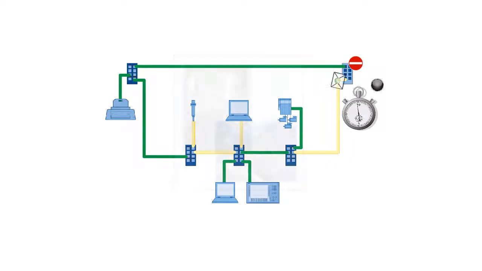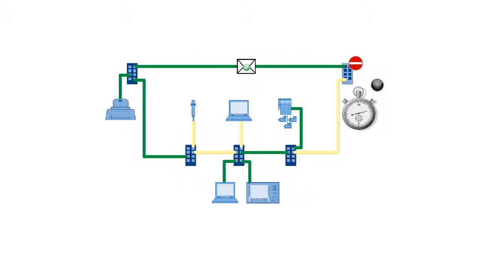Possible causes are, for example, a wire break or a defective node. As soon as the fault occurs, the multicast telegrams, which the redundancy manager sends off, also no longer reach the passive port within the monitoring period. This immediately informs the redundancy manager of the failed connection.